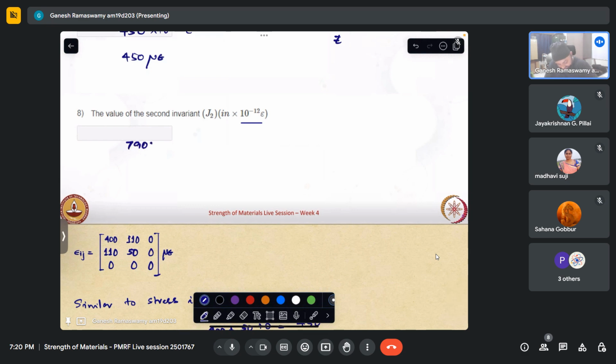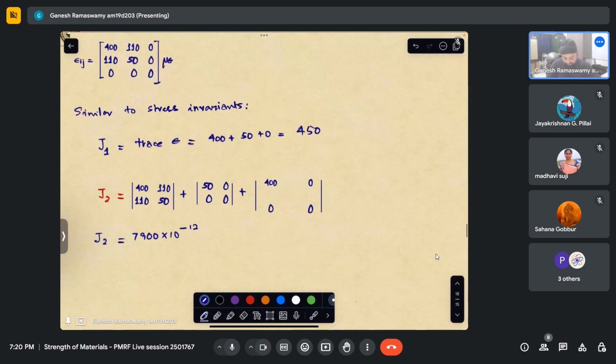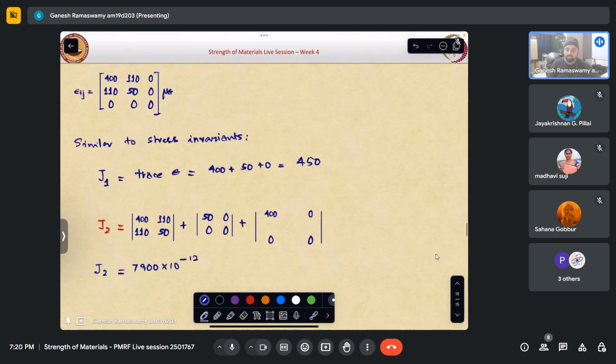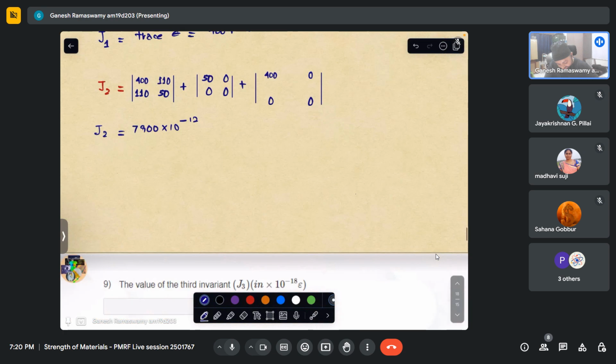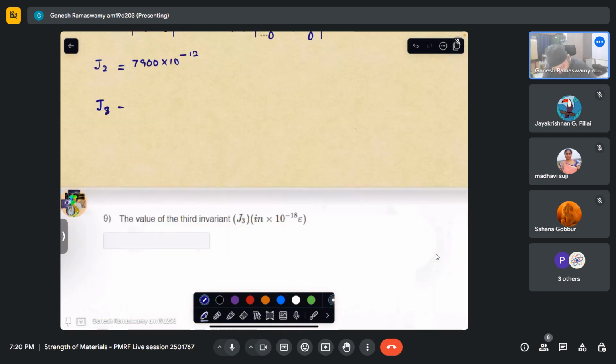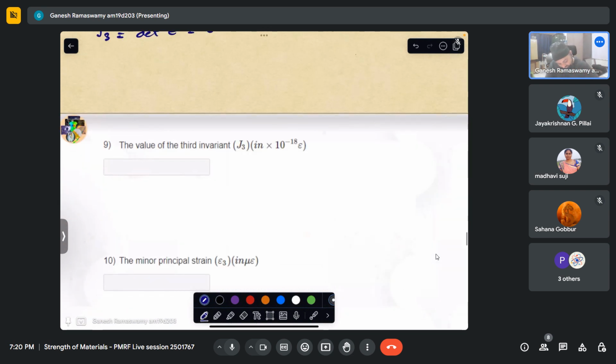The third invariant is nothing but the determinant of this. We can clearly see since one column or one row is entirely 0, the determinant will naturally be 0. So J3, which is nothing but the determinant of the strain, is 0. So this is 0 into 10 power minus 18.